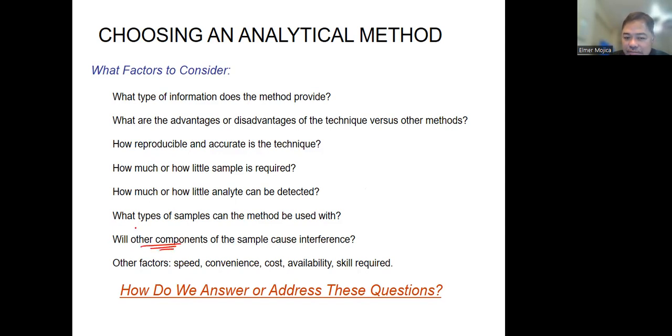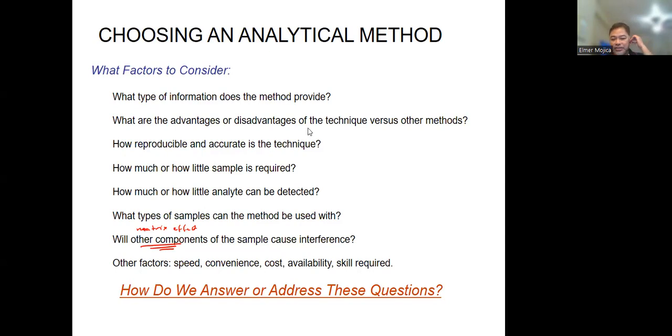Anyone? Matrix po. Yung matrix effect. Okay. So matrix effect is really, we could say, one of the main challenges when you analyze sample. Especially if your analyte is not the major component in a given sample.